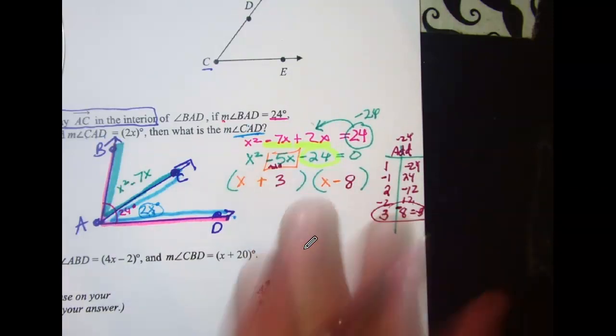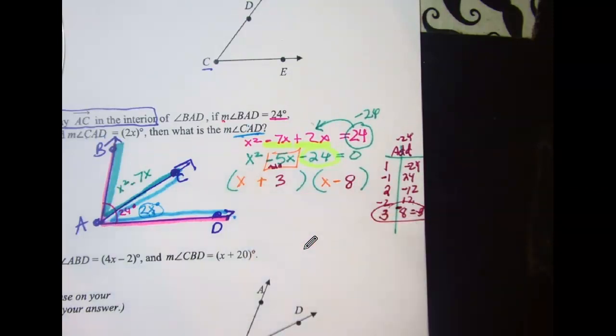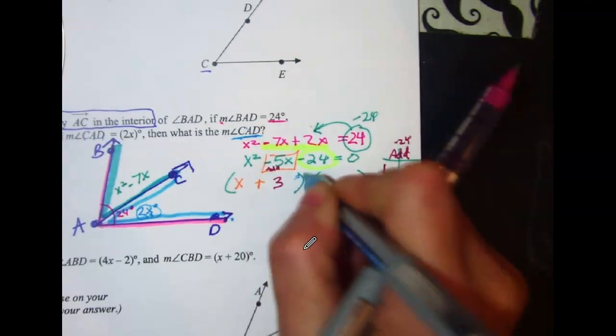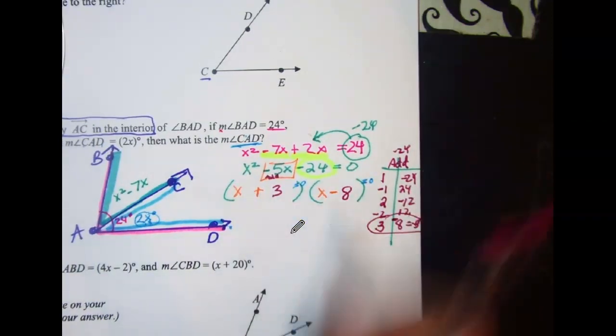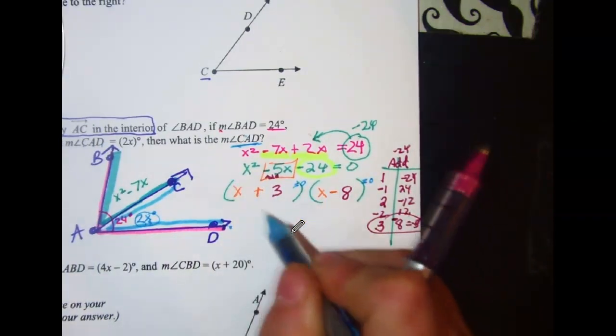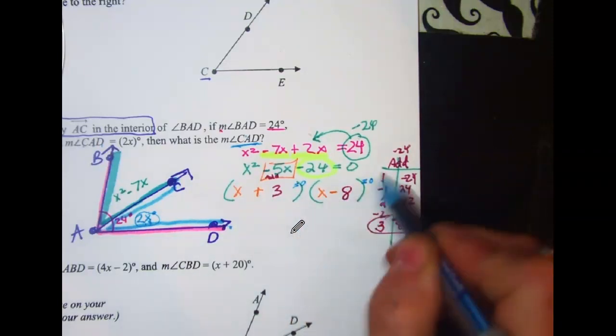Remember, these are the roots. We have to set them equal to 0 to find the actual 2 x's we could use. So just to the side, each equals 0. We either solve it by taking minus 3 and you get x equals negative 3, or take plus 8, and x equals positive 8.